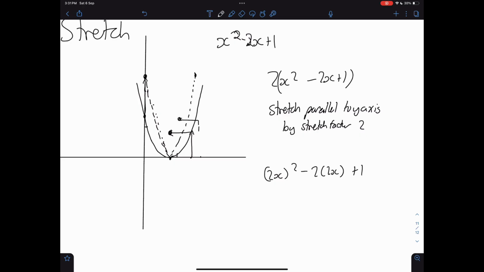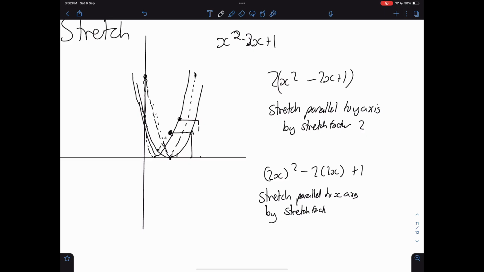And then it will continue like this. And the effect of that is you've squished it. You've actually squished it, or you've stretched it by a fraction, a factor of 1/2, which is 1 over 2.